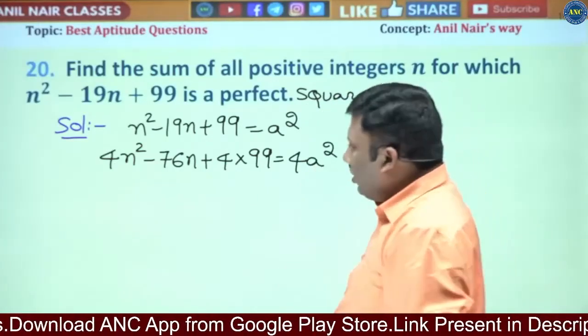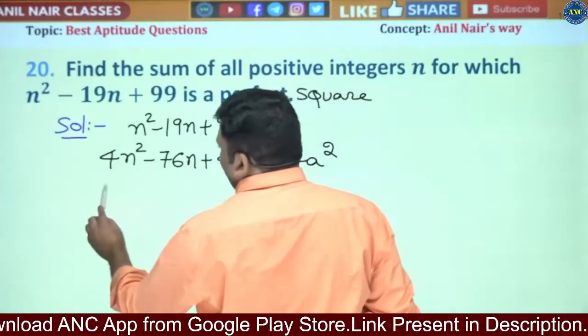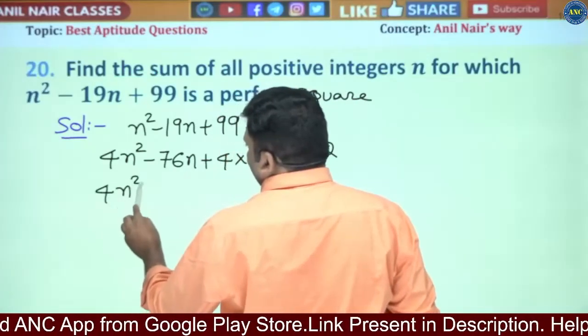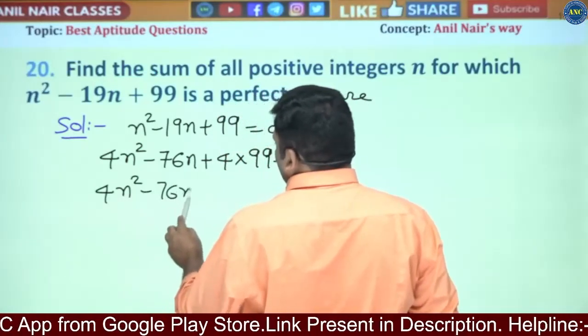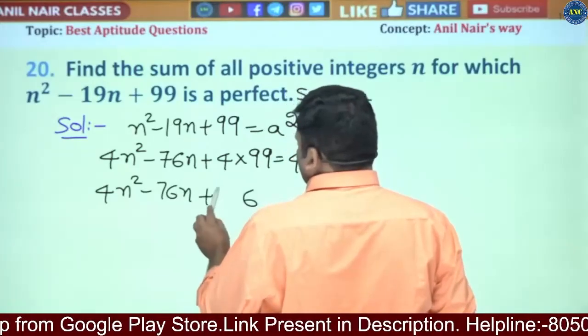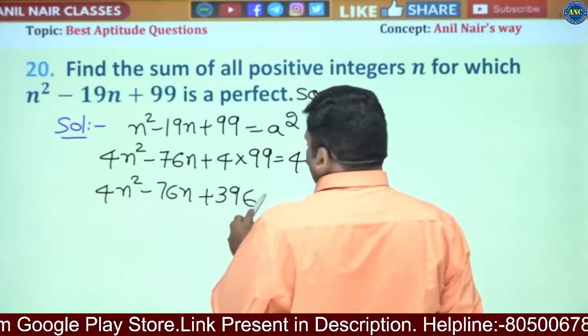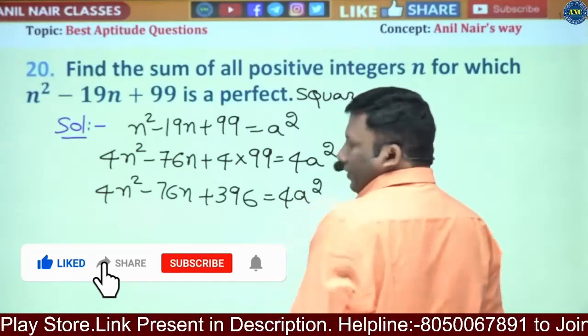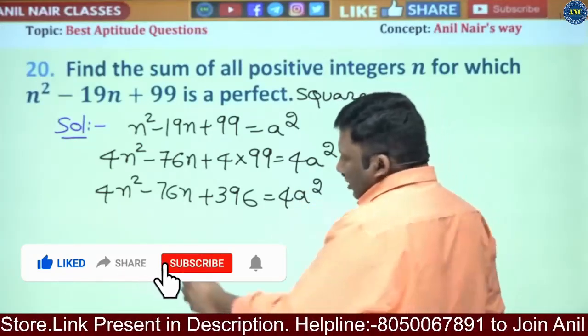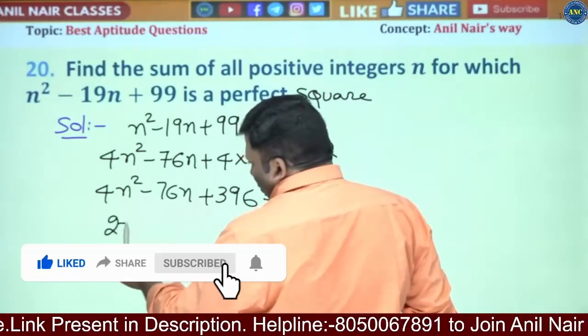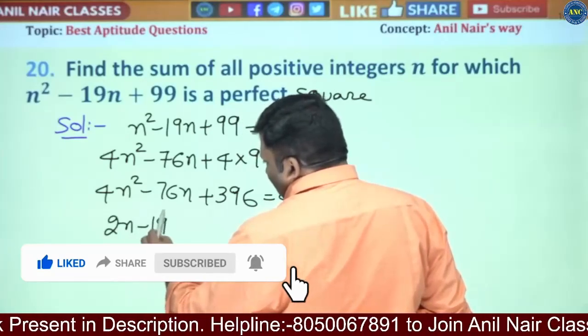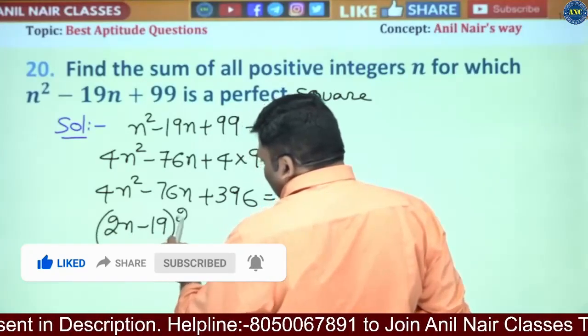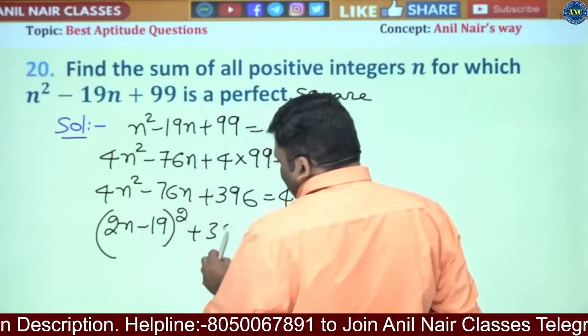Are you all with me? So this will become 4n square minus 76n. 4 9s are 36, 36 plus 3, 396 equivalent to 4a square. Are you all with me? So this can be written as 2n minus 19 whole square, 361 plus 35.